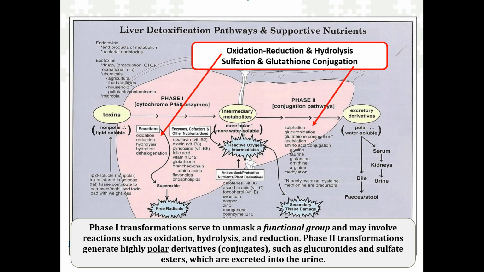You'll notice that the P450 enzymes are situated within phase 1, and phase 1 is very much involved in the processing of aldehydes. Of course, we need robust nutrition, B vitamins, antioxidants, amino acids. And then when we get over to phase 2, we're in a more water-soluble form, which can then excrete things either through the kidneys or the stool.